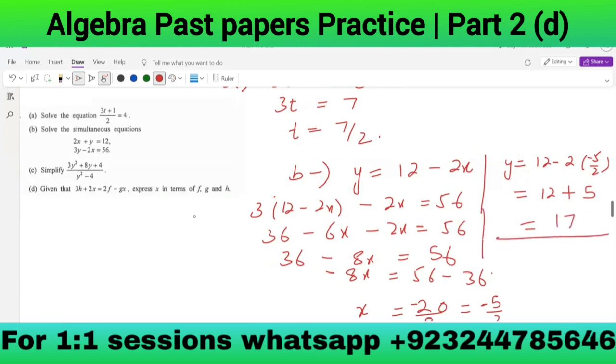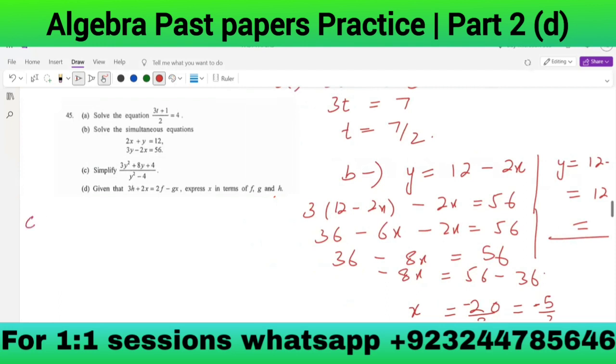Okay. So part C says simplify. We can take 3y squared plus 8y plus 4. So we have to do the middle term splitting. 4 times 3 is 12, and we need to get 8. 6 2s are 12, and 6 plus 2 is 8.